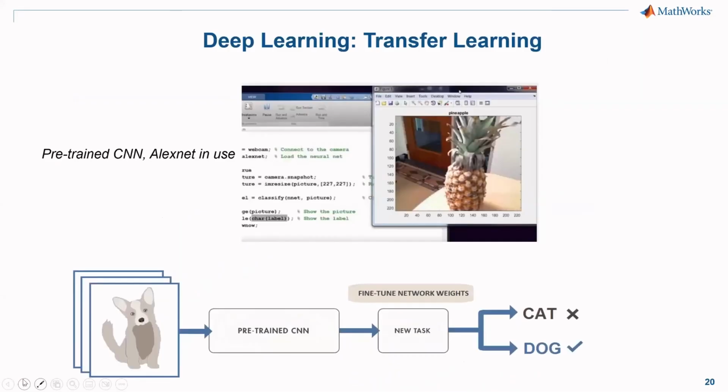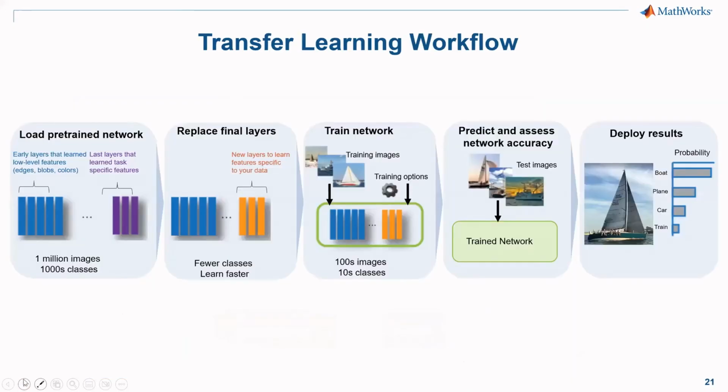So now we're going to talk a bit about transfer learning, where we can take a pre-trained network and then fine tune it for a new task. The transfer learning workflow is: we load the pre-trained network, we replace the final layers, we train the network, we predict the accuracy, and then we deploy the results.